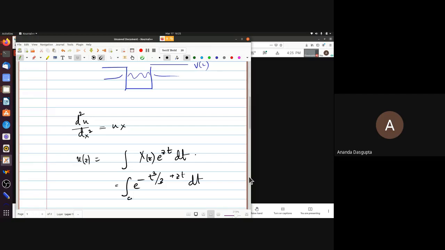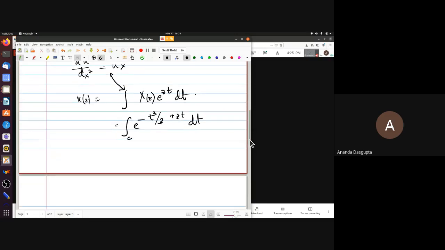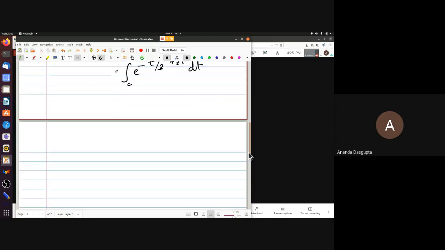over some contour. And the important thing is this contour cannot be completely arbitrary, because in the process of going from the differential equation to this integral form, we had made an assumption that essentially this integrand is going to either repeat at the two endpoints of the contour or vanish at the two endpoints of the contour. So that puts an important restriction on the contour that you can choose.